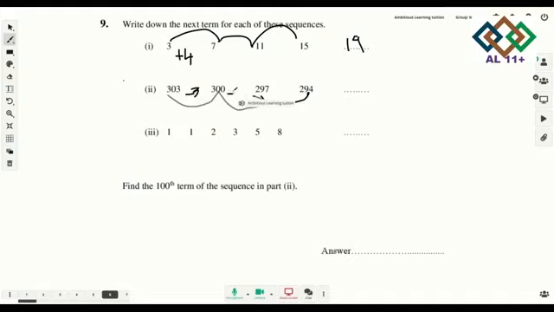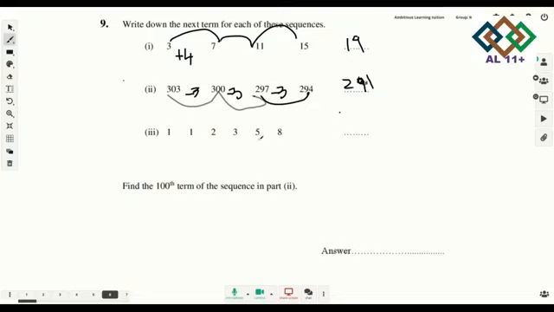If you look at the sequence, it's minus 3. So the answer for the next one would be 291. So let's move on to the next one.